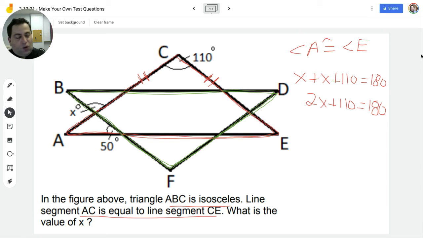Here I have 180 minus 110. Well, 180 minus 100 is 80, minus 10 is 70. So 2x equals 70. And then if I divide by 2, I get 35. So I have 35 degrees, and that is going to be angle A and angle E.